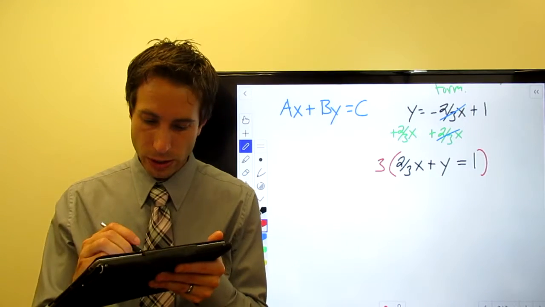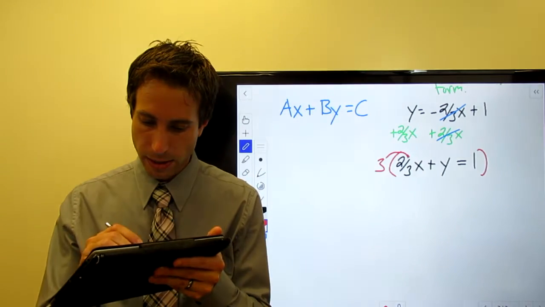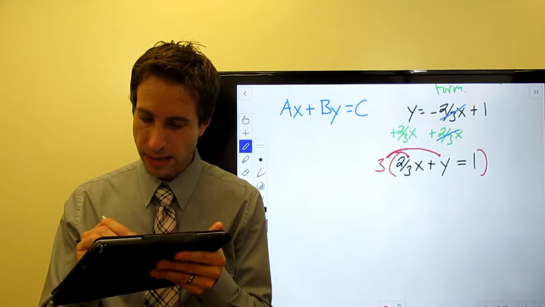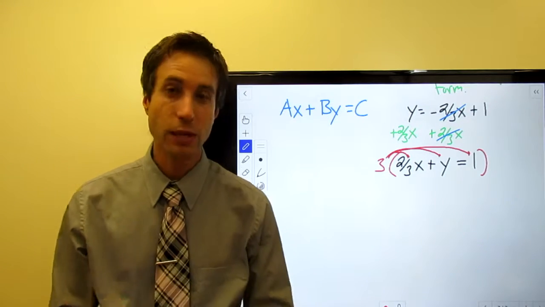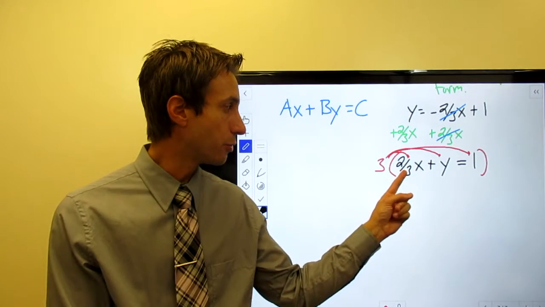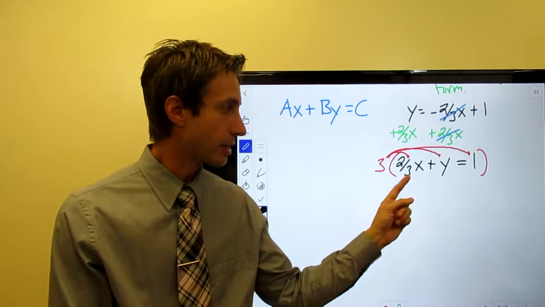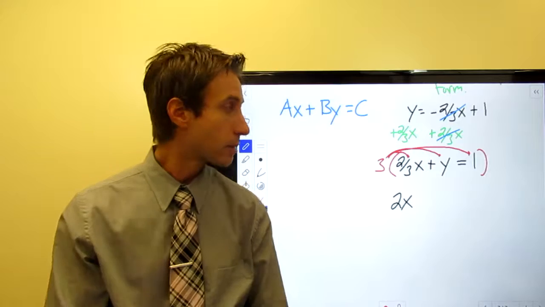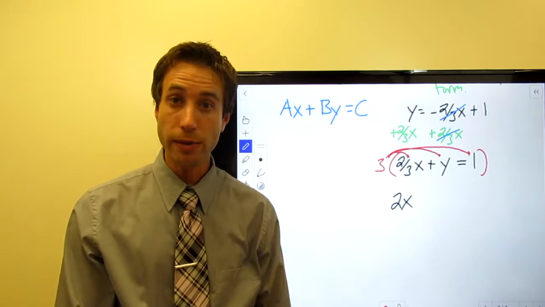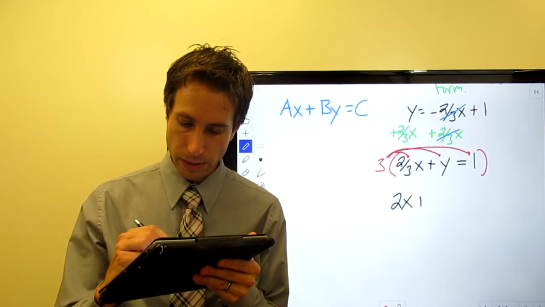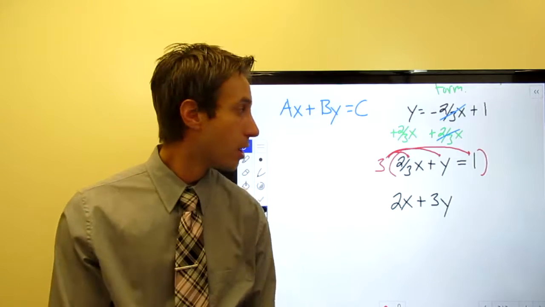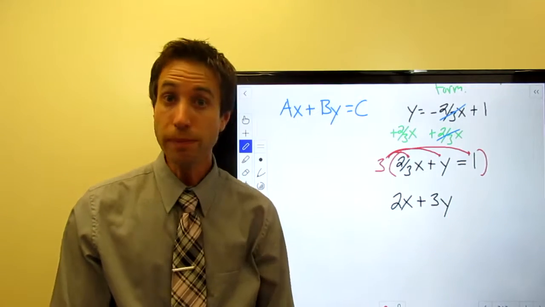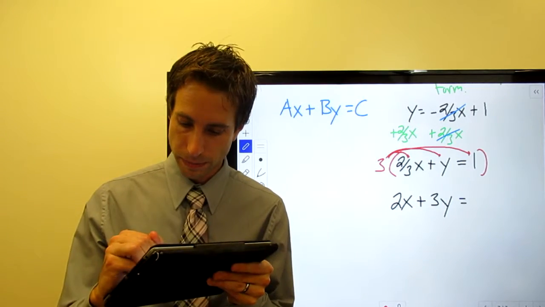That means I am going to distribute the 3 to everybody. Here's what happens. 2/3 times 3. The 3's cancel each other out. I'm left with 2x. 3 times 1, well, that's 3, plus 3y. 3 times 1 is 3.